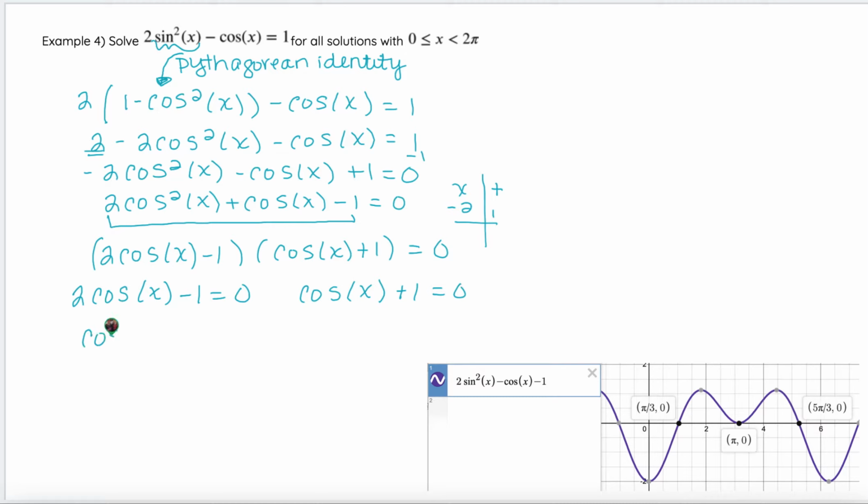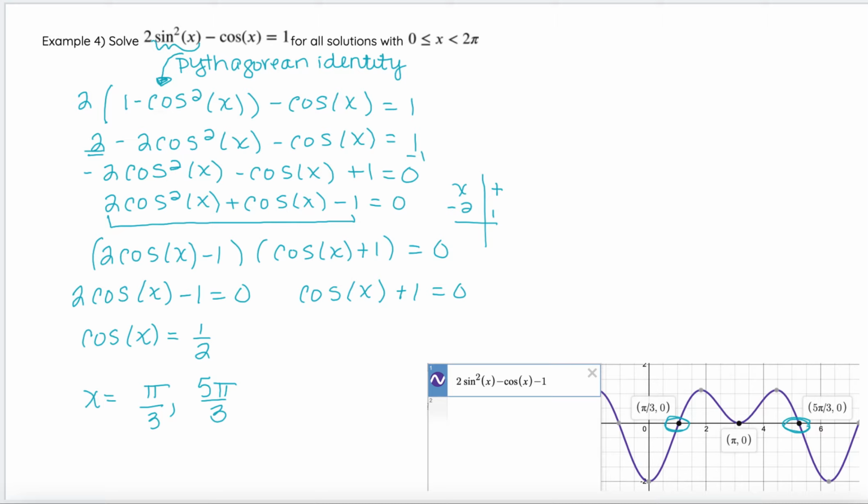I need to find where cosine of x equals 1/2. Where is cosine of x equal to 1/2? Looking around my unit circle, there are two locations at pi over 3 and 5 pi over 3.